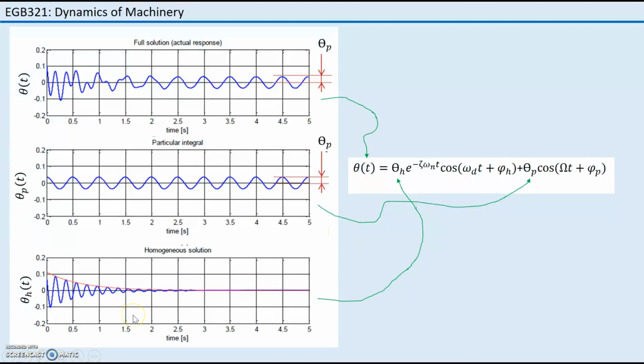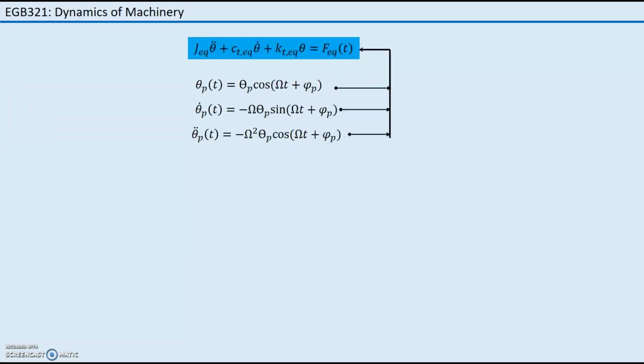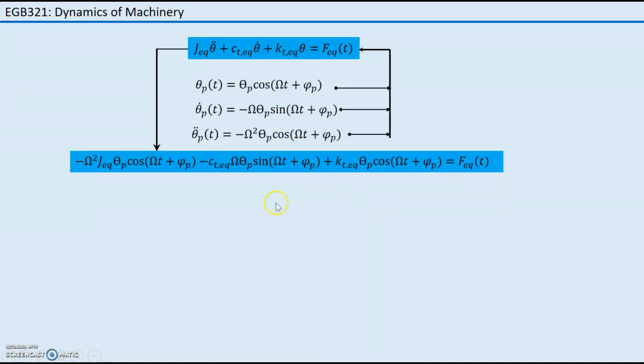So we are now more interested in getting the amplitude of the particular solution, theta p. To get the amplitude of theta p, we need to substitute theta p and its first and second derivatives into the equation of motion, and then we get this kind of form.